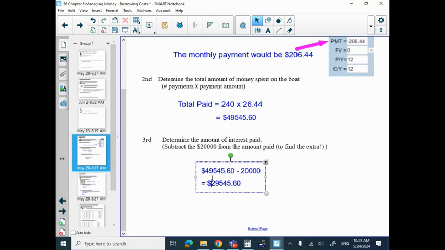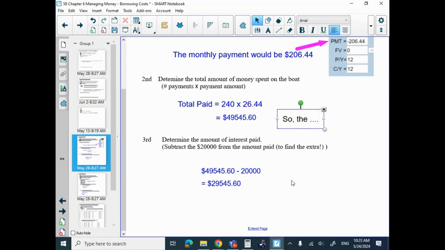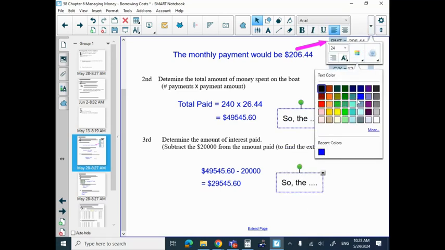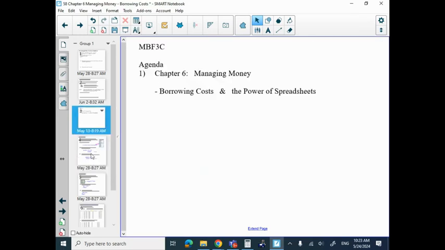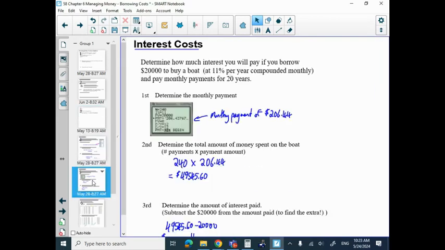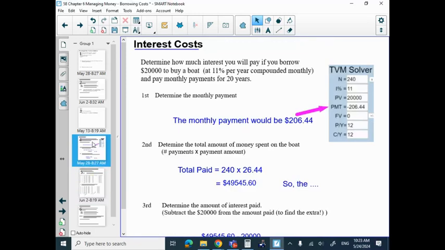Okay, so very simple logical calculations to do with the results we see. And in the end here, we'd say the monthly payment or the total amount paid is, and so on. Good communication statements are always good. So that is that question all worked out.